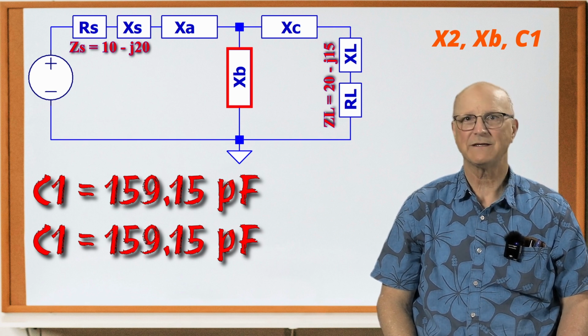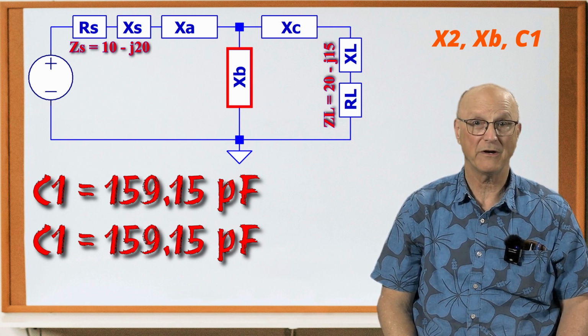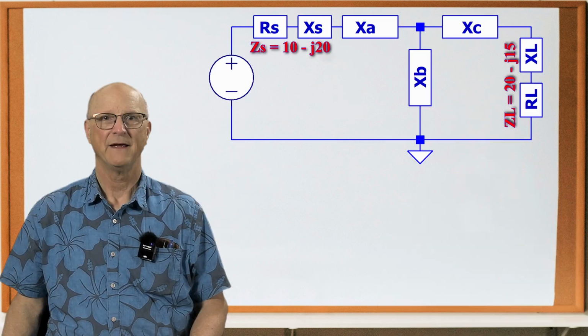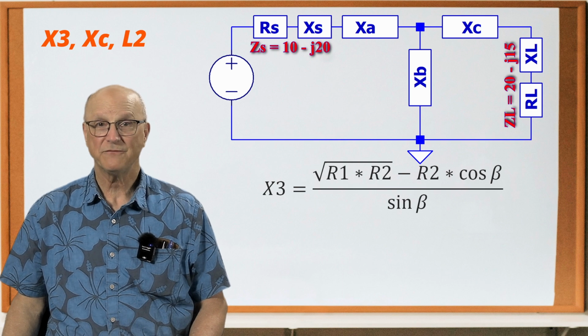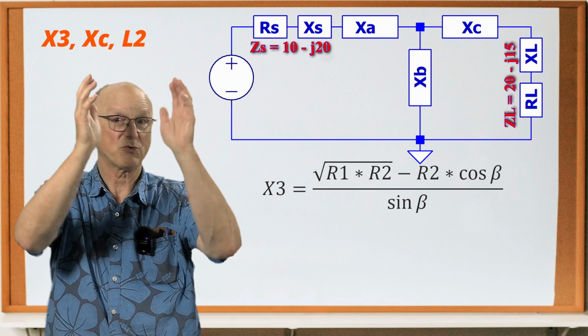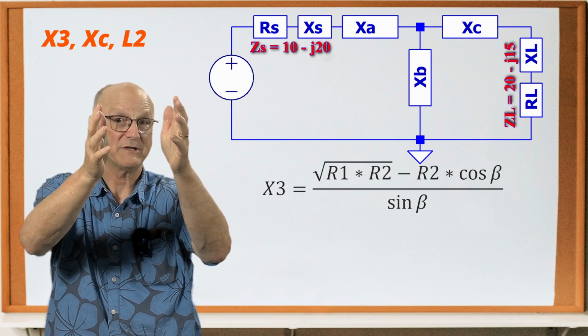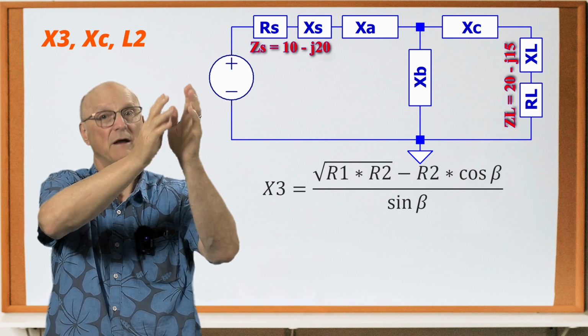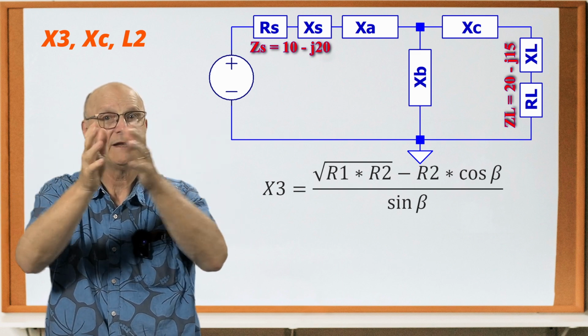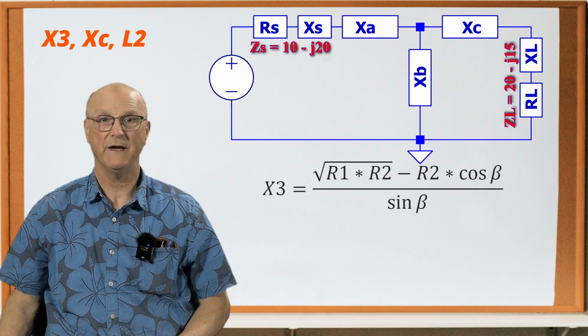Now we can move on to the next and final component of our T configuration impedance matching network. And now we have the equation for X3. X3 is equal to the square root of the quantity R1 times R2 minus R2 times the cosine of beta, all divided by the sine of the phase angle beta.